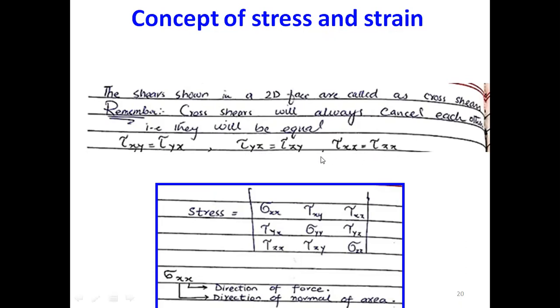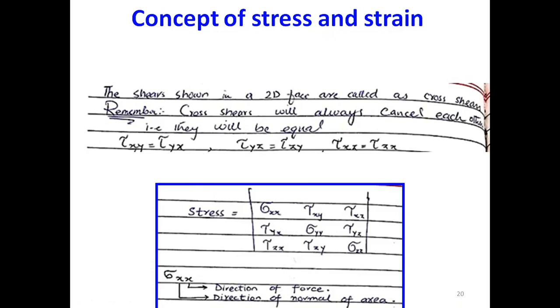What does it mean? It means that if we know six components, for example sigma xx, tau xy, tau zy, sigma yy, sigma zz, and so on, then we would know all nine components of the stress matrix, because these three pairs are equal and related to each other.